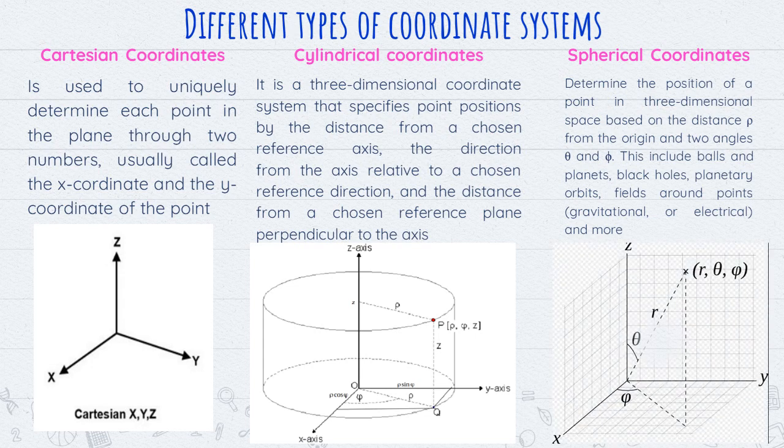Spherical means this includes balls, planets, black holes, etcetera. The coordinates for the spherical coordinate system are r, theta, and phi. In my next videos, I will explain the cylindrical coordinates and spherical coordinates.